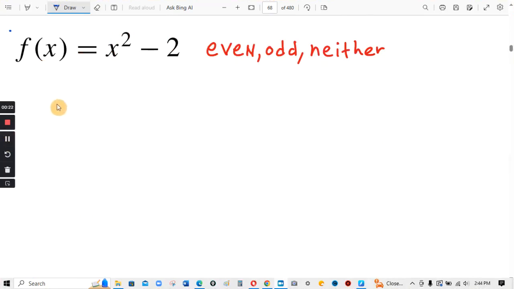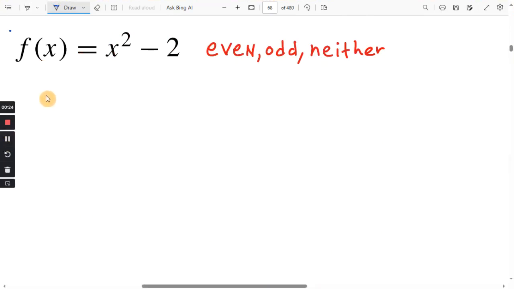So we have f of x. Let's find f of negative x. And that means we plug in negative x in place of x. So instead of x squared, it's going to be (negative x) squared. Make sure you use parentheses, and that's minus 2.